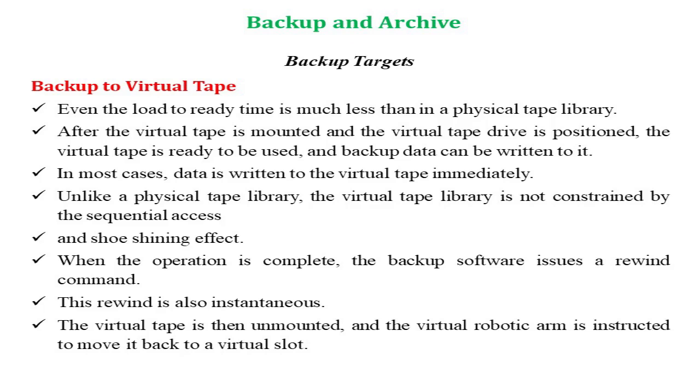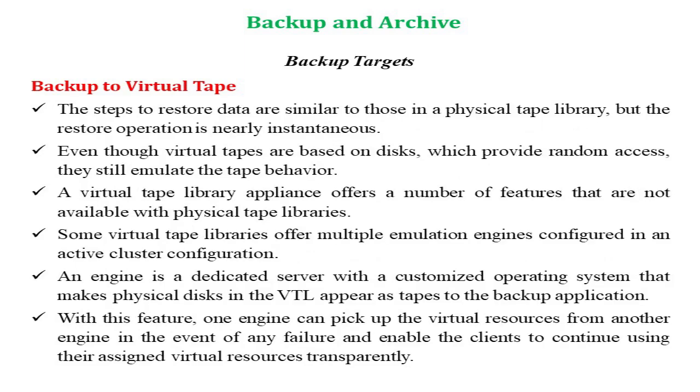The virtual tape is then unmounted and the virtual robotic arm is instructed to move it back to a virtual slot. The steps to restore data are similar to those in a physical tape library, but the restore operation is nearly instantaneous. Even though virtual tapes are based on disks, which provide random access, they still emulate the tape behavior.